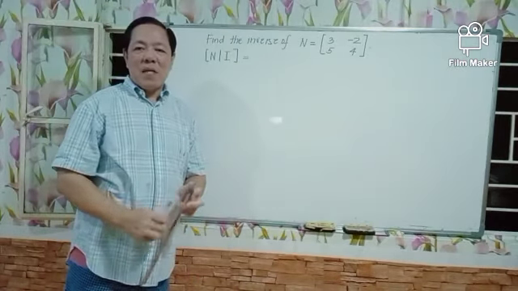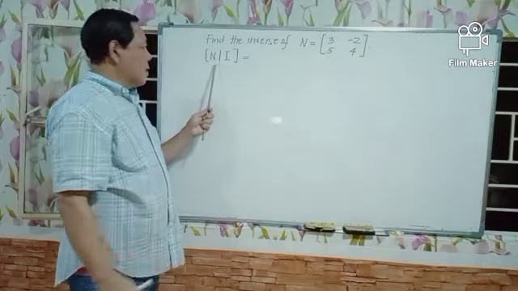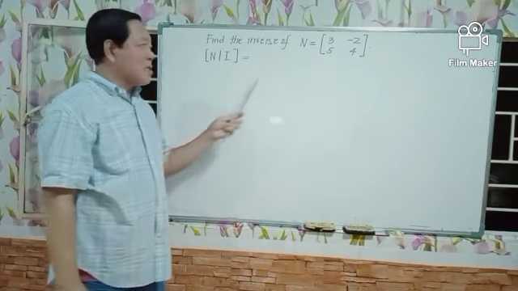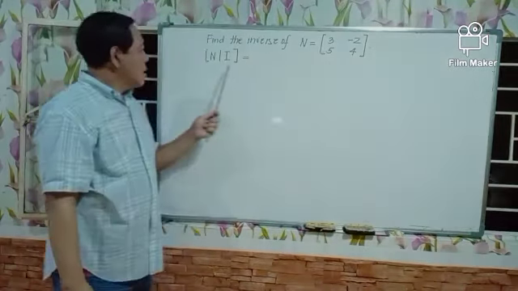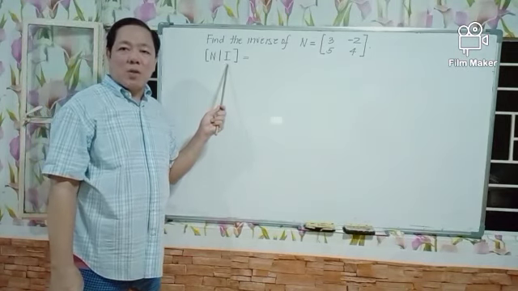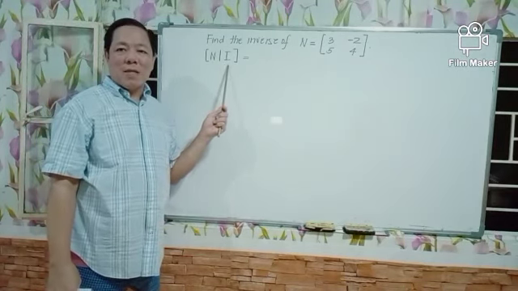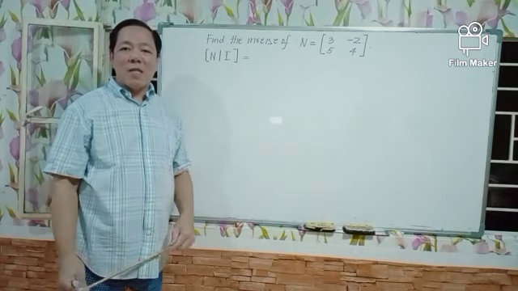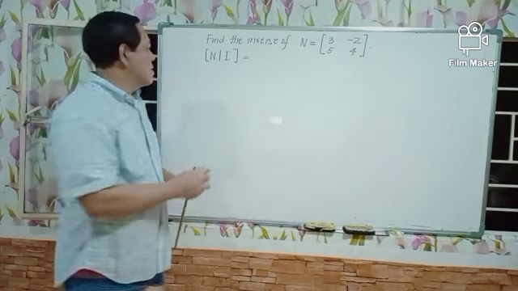We write the matrix of the form N I, where N is the given square matrix of size 2 by 2, and I is the identity matrix of size 2 by 2 also, where the diagonal entries are 1 and the rest of the entries are 0.